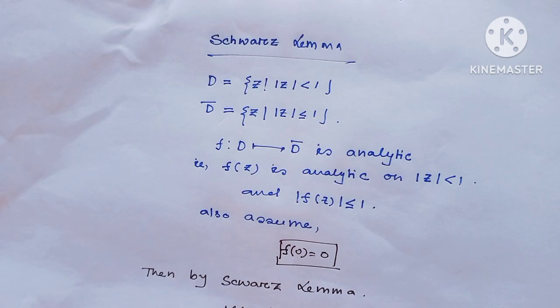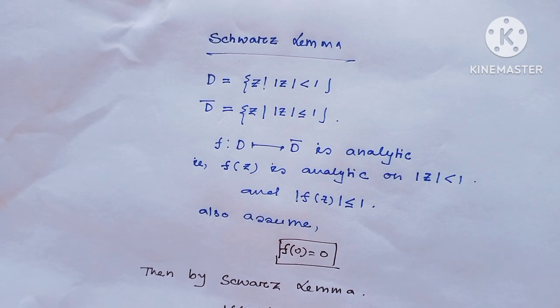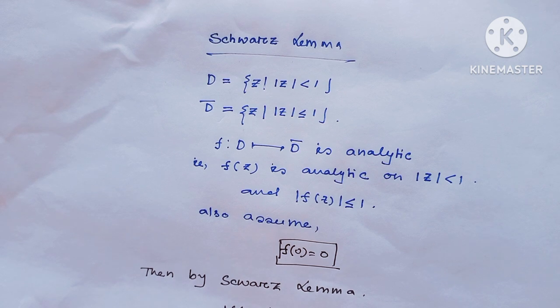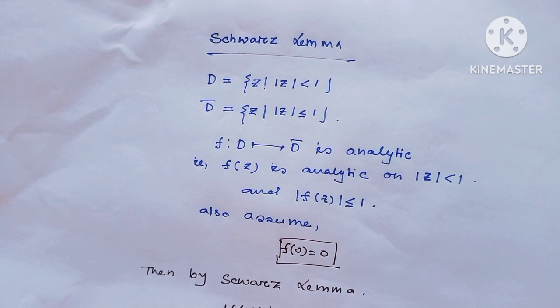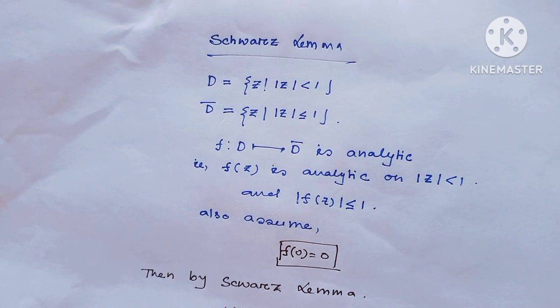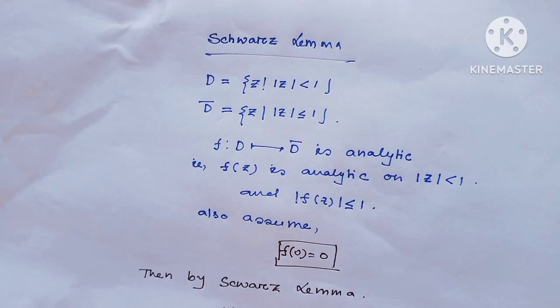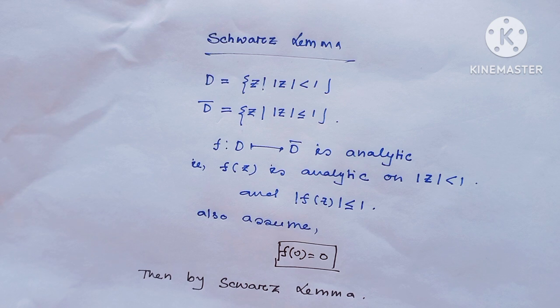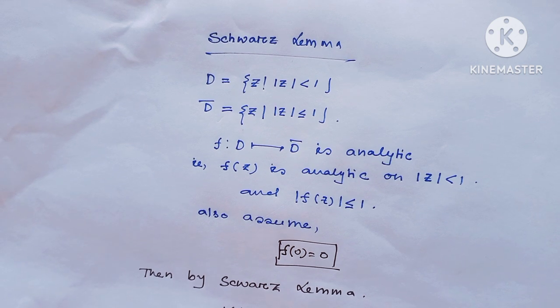First I will see what the statement of the Schwarz Lemma is. At first, consider unit disks: D equal to z such that modulus of z less than 1, that means the interior of the unit disk, and D closure equal to z such that modulus of z less than or equal to 1, that means the whole unit disk.